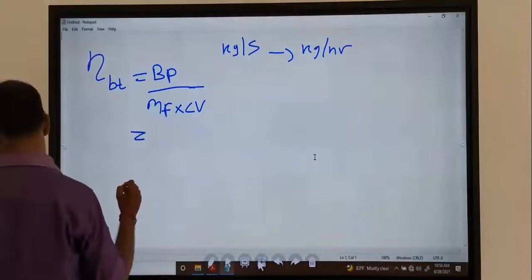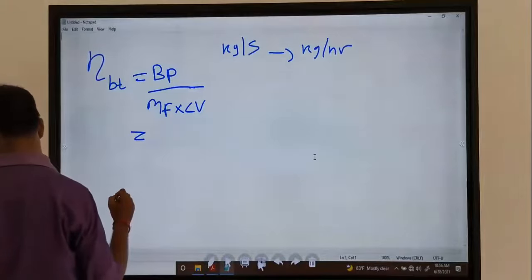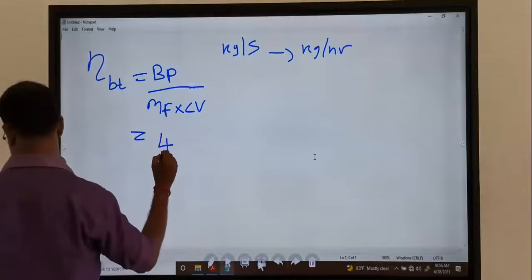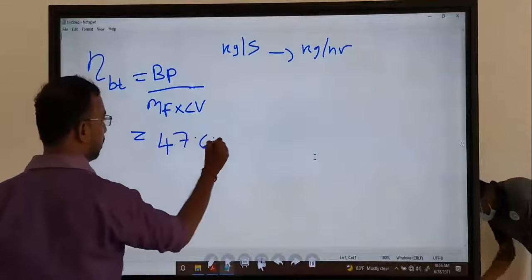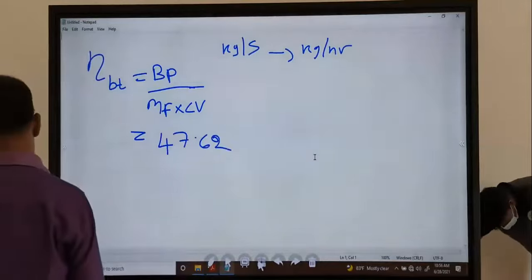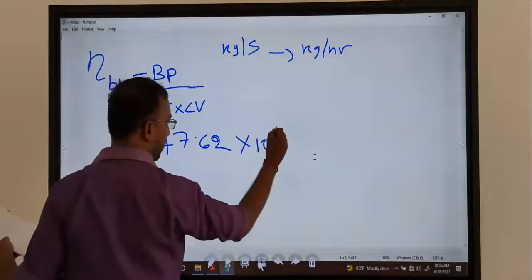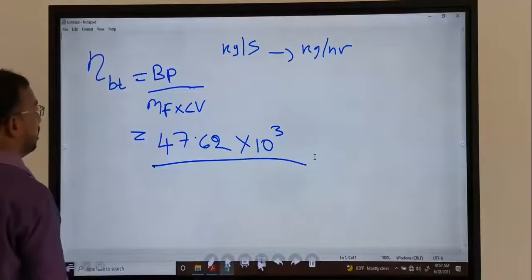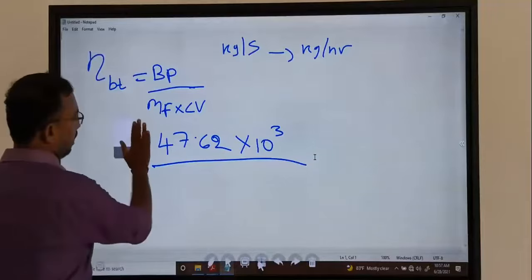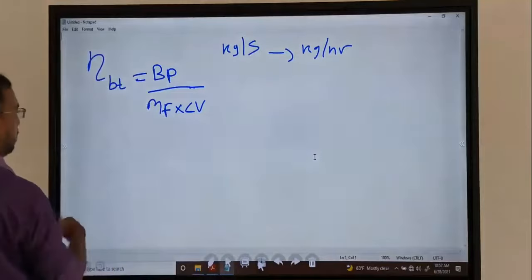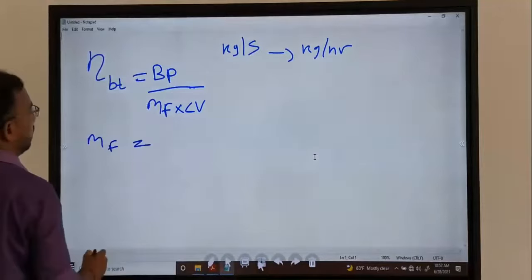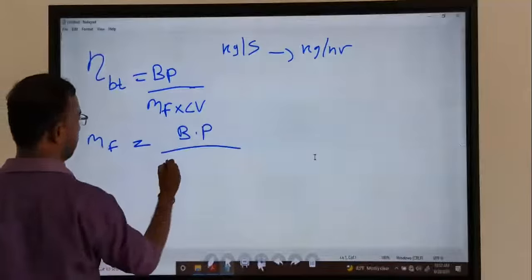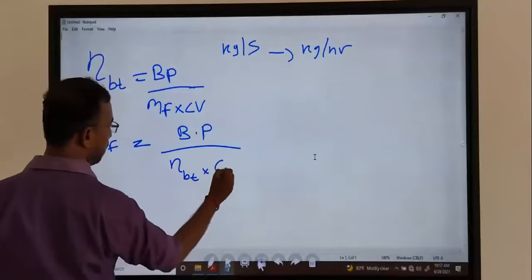Here the brake power we already got as 47.62, but here we apply it in watts, not kilowatts. First we need to find MF, which equals brake power over brake thermal efficiency into calorific value.